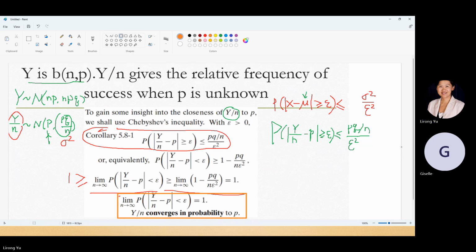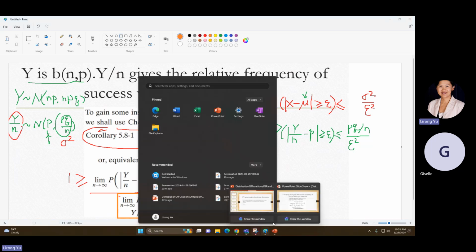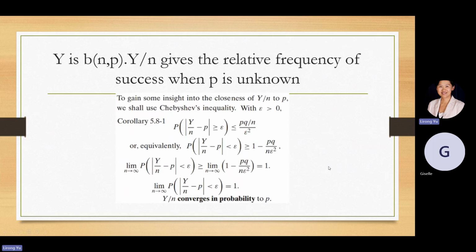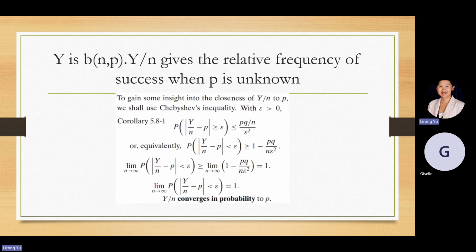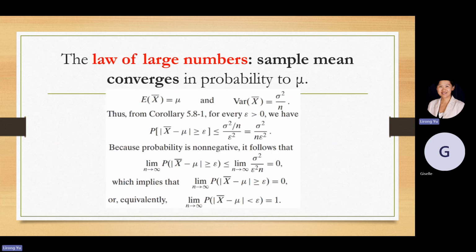So this is called convergence in probability. Y over n converges in probability to p, not in the calculus sense, not in the quantity sense, but in the probability sense. Together we have another law, called the law of large numbers.